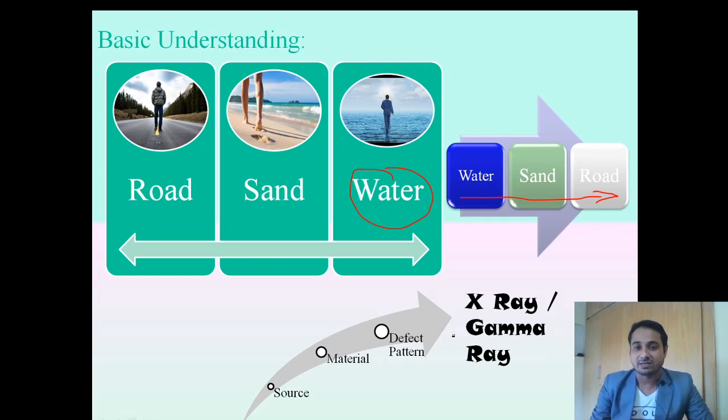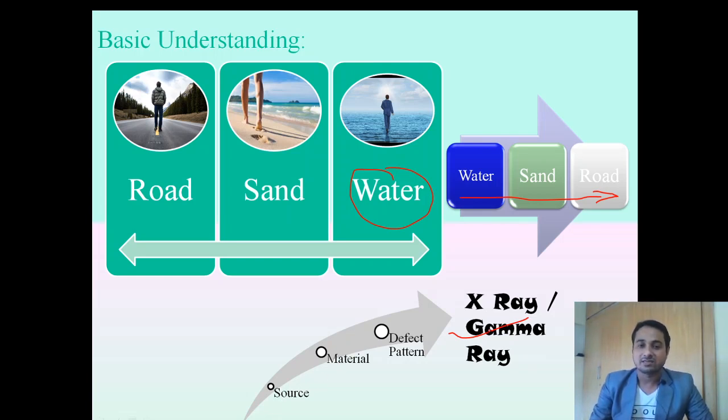The gamma ray also crosses through the metal, and it impinges on the film which we interpret for the acceptance and rejection of the film. So if gamma ray crosses through different types of metal, it will have some effect on the RT film, which we call radiography testing.